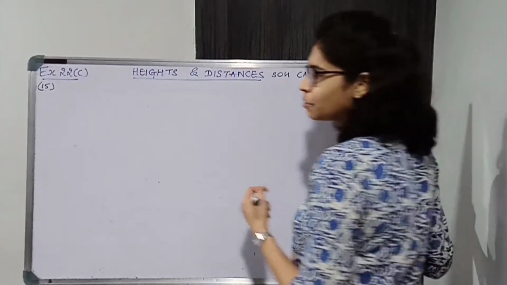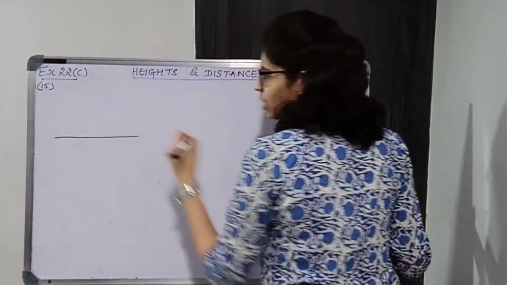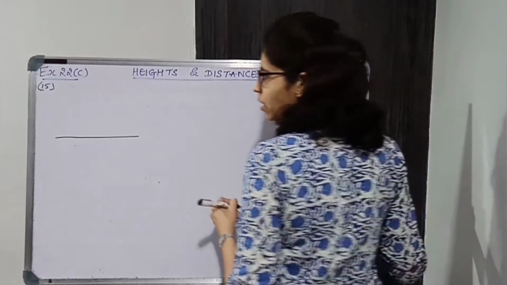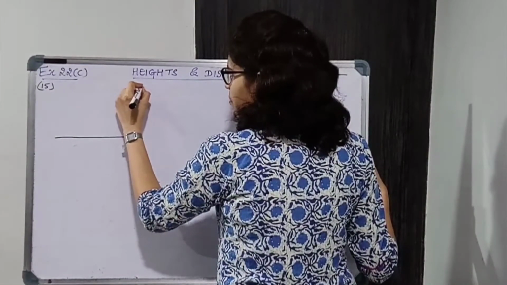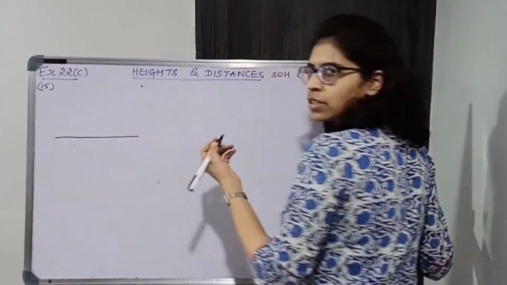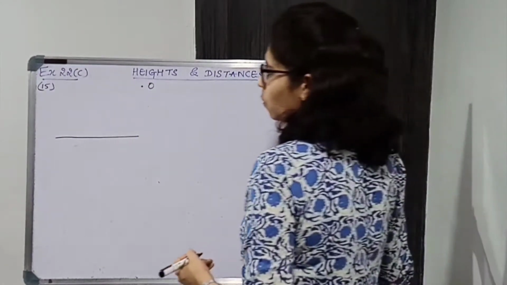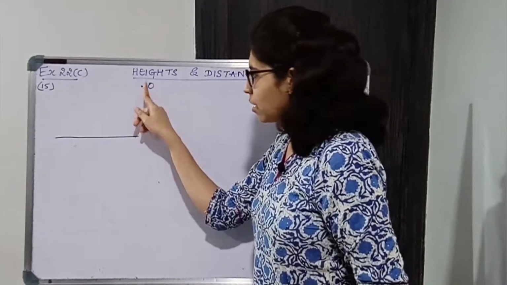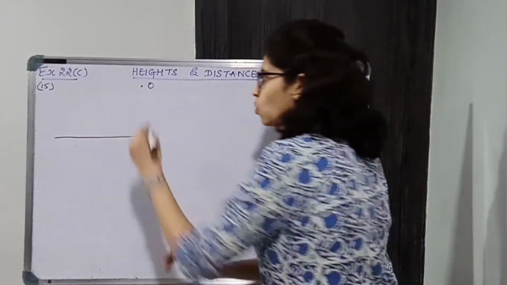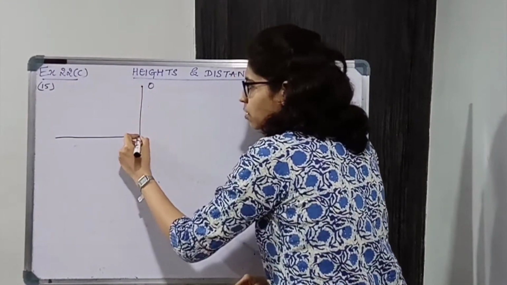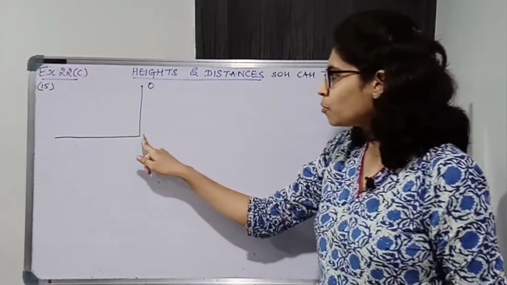So let's draw the diagram now. This is the surface of the lake, and there is a bird flying. So we are going to consider a point object O. This is the mirror, so this will be object distance from the mirror.